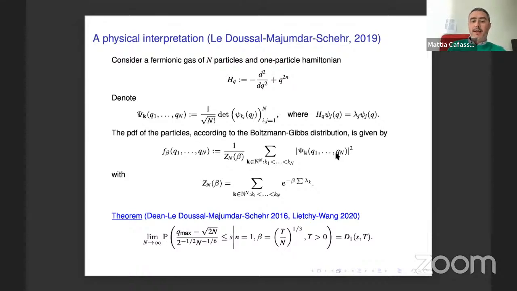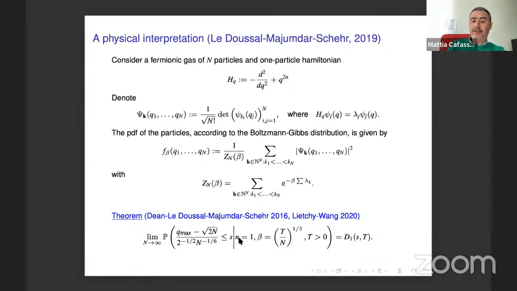And there is this result, which has been proved from a rigorous mathematical point of view by Dong Wang in 2020 for small n equal to 1. But actually, in the physical literature, it is believed that this holds for arbitrary n, which says, in a way, that the law of the biggest particle in this fermionic system under a certain scaling is given by D1 s.